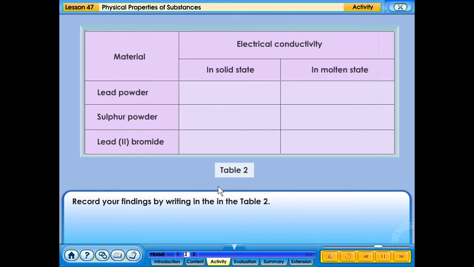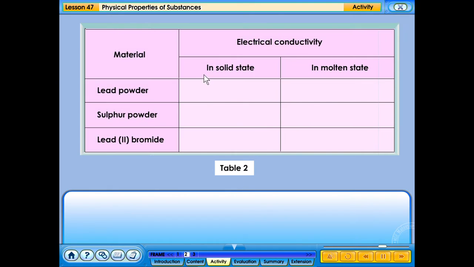Record your findings by writing in Table 2. Click the Check button to check your answer.